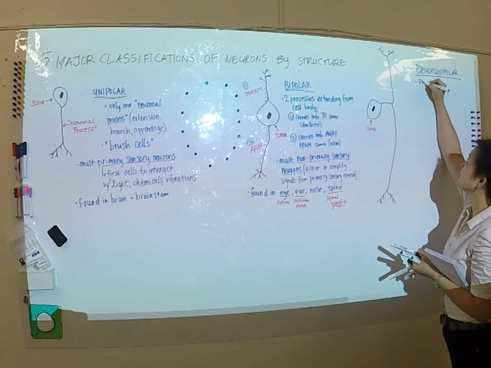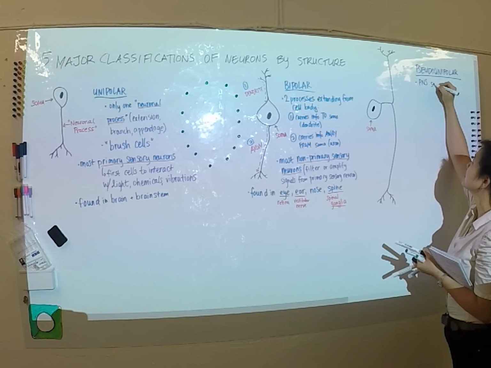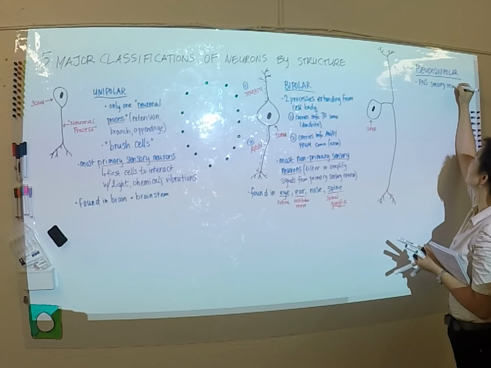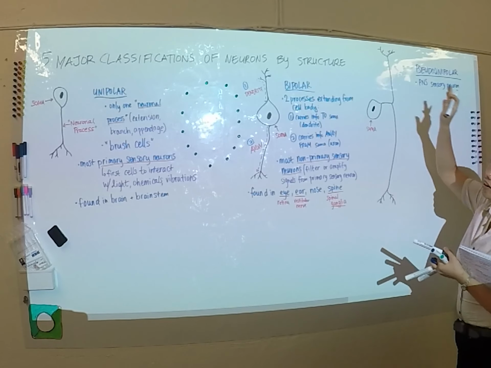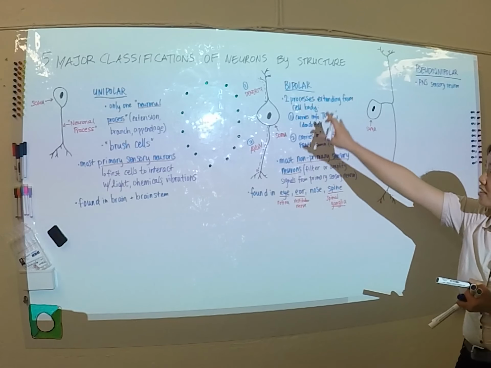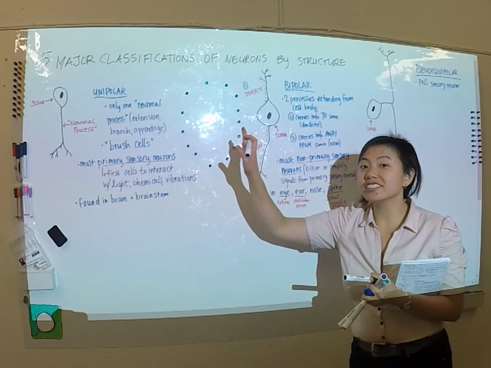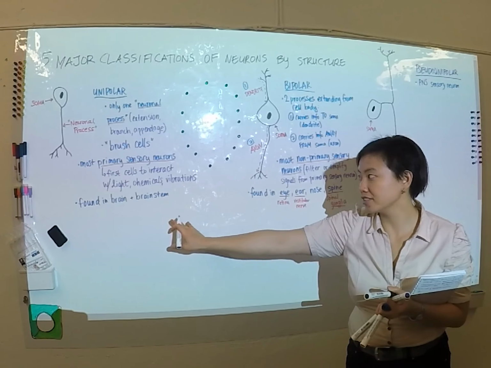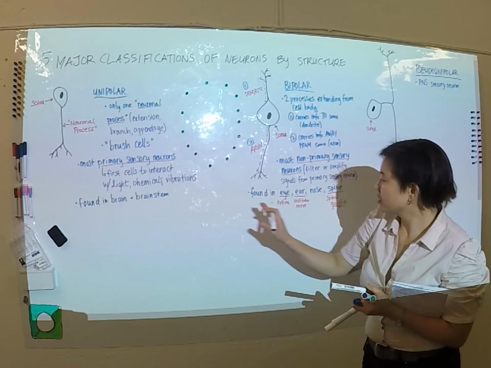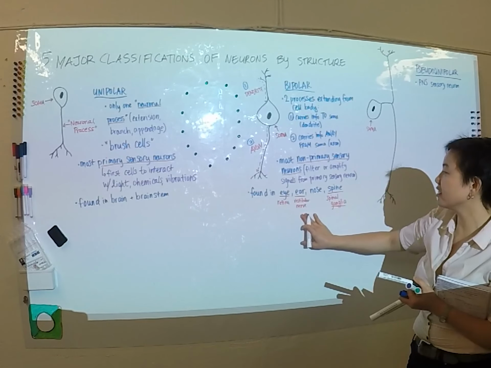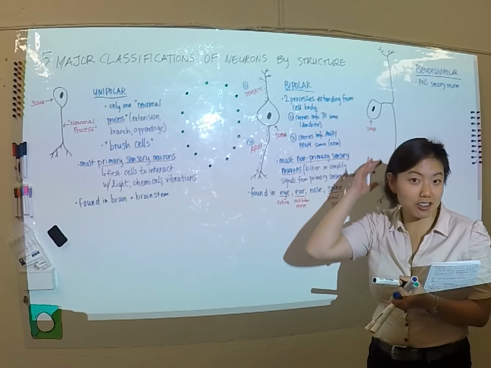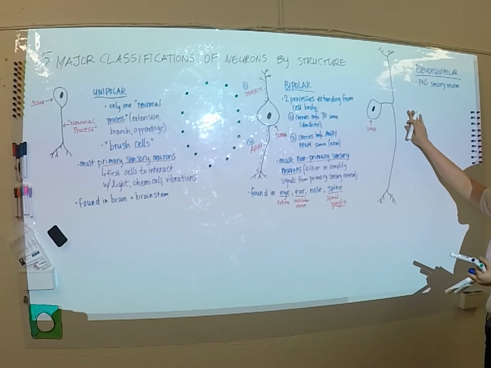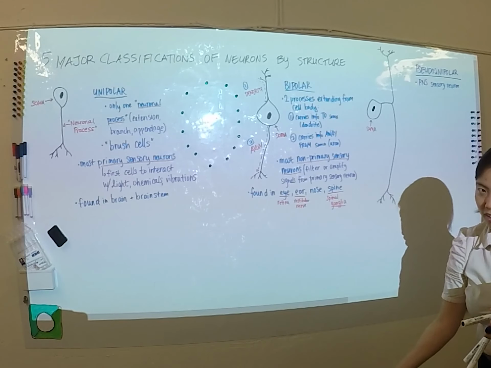So it is a peripheral nervous system sensory neuron, whereas the others, so these, were all central nervous system sensory neurons, okay? So if they're in the eye, the ear, anything in our head or in our spine, that's the central nervous system. These are in the rest of the body, okay?